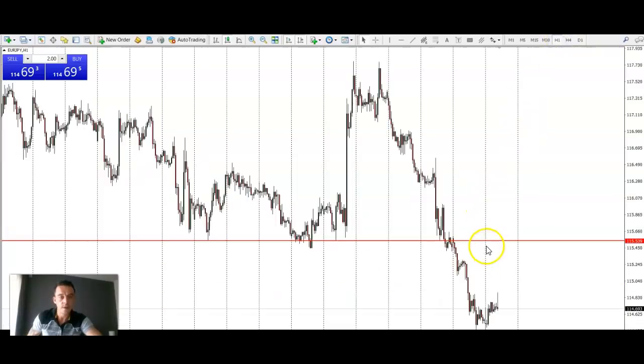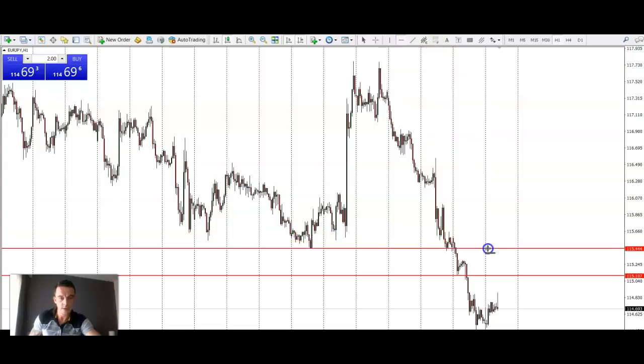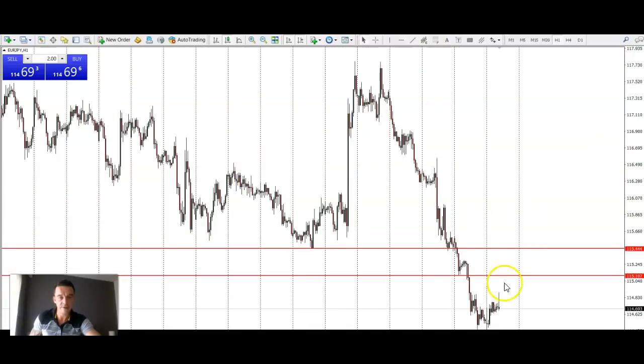Places that I'd be looking to sell this are possibly here, 115.100 at resistance, or at last year's low, 115.500. They're the two areas I'd look to sell on a resistance, and I'd look to sell on a break of this support down here.